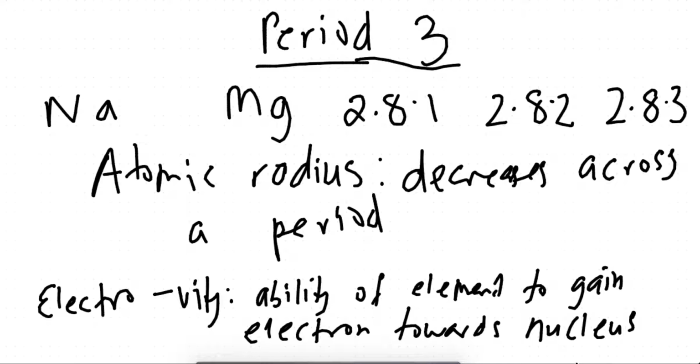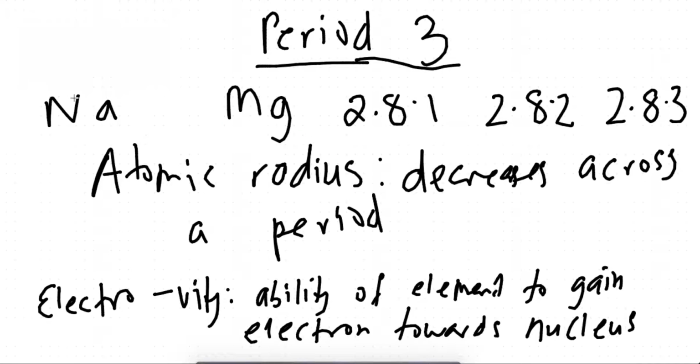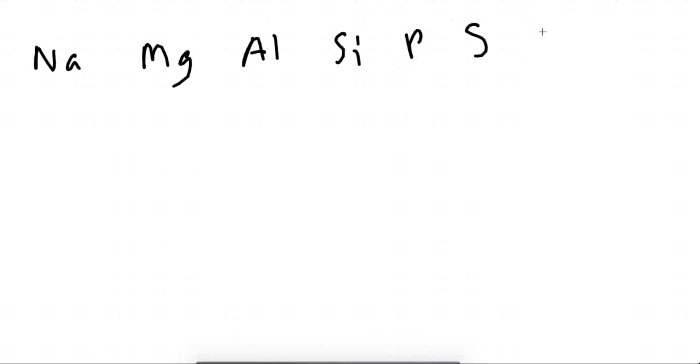So let's look at the electronegativity as we go across period 3. I'm going to write down all the elements of period 3: sodium, magnesium, aluminium, silicon, phosphorus, sulfur, chlorine and argon.